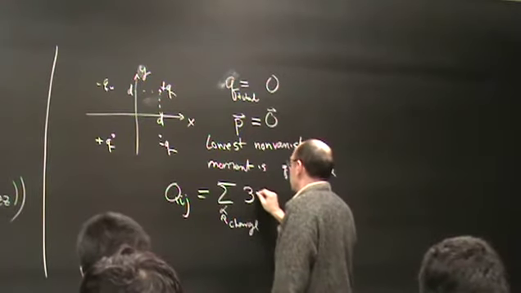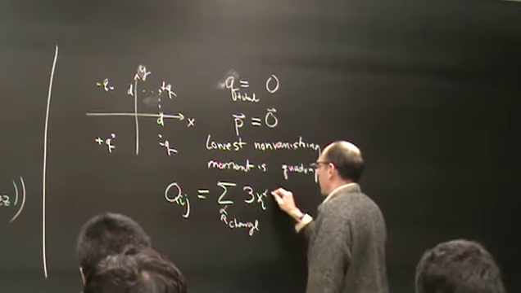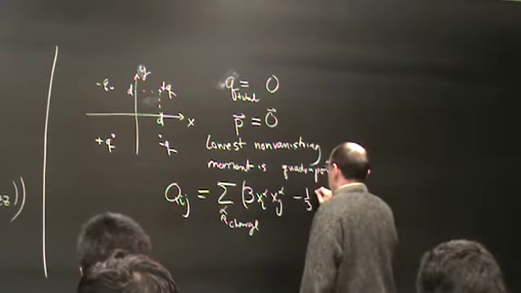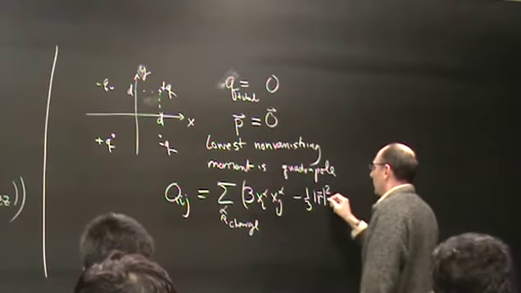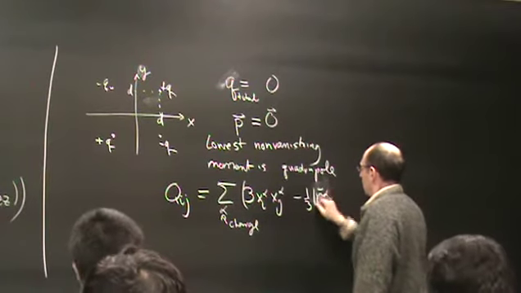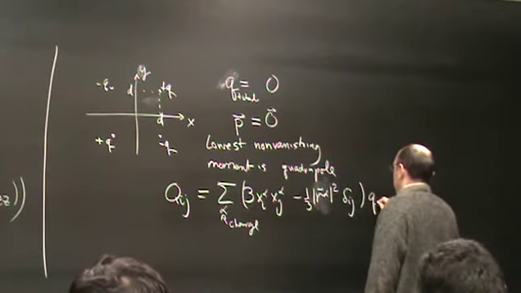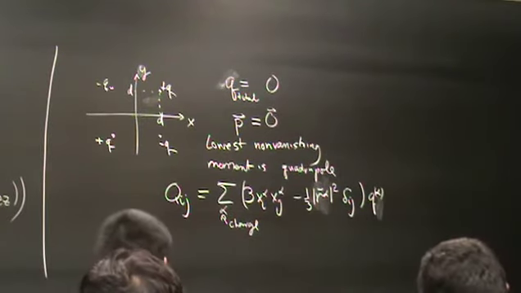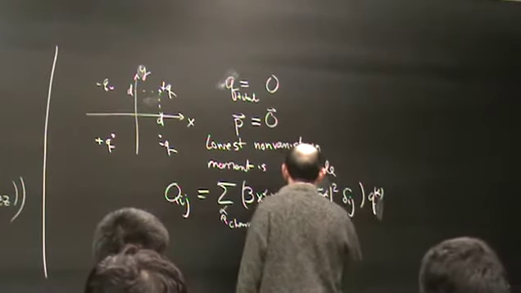Times 3, the ith component of the position of charge alpha, the jth component of charge alpha, minus a third, the distance squared from the origin of that charge, delta ij, times the strength of the charge, q alpha. And another third, right? If you bring in the 3. Yeah. Thank you.